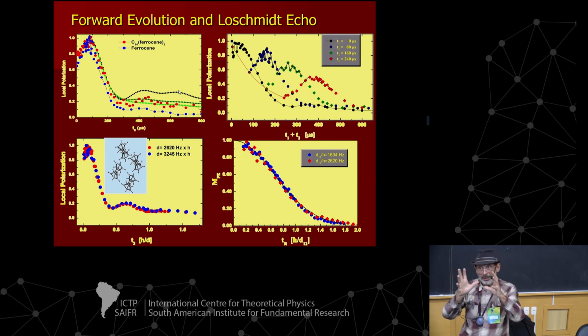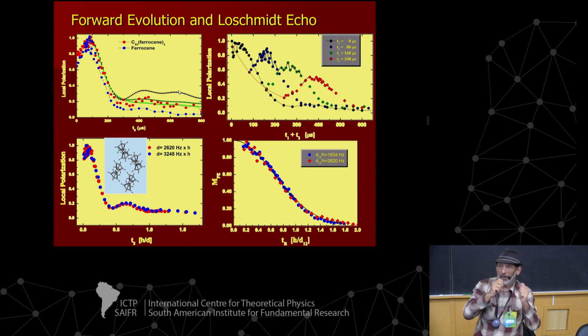So by orienting the crystal in different directions, you have different Hamiltonians, which are essentially scaled. Here there are two Hamiltonians, one with interaction 2,600, and here 3,200. And you scale, now you refer the time to this interaction, and essentially it is the same. These are different orientations. For that, we have to do a crystal.